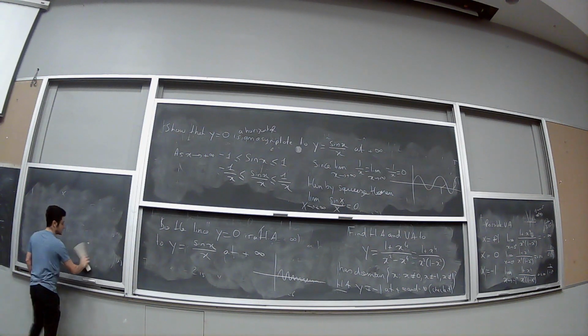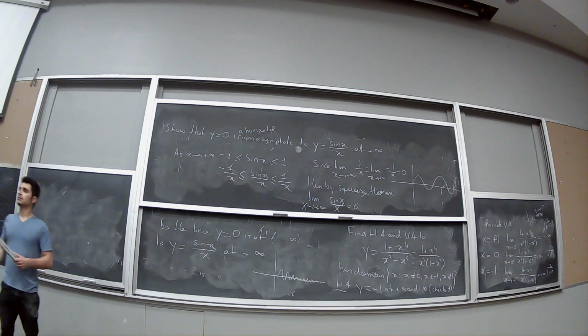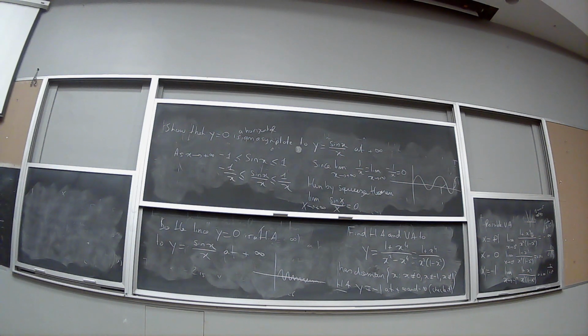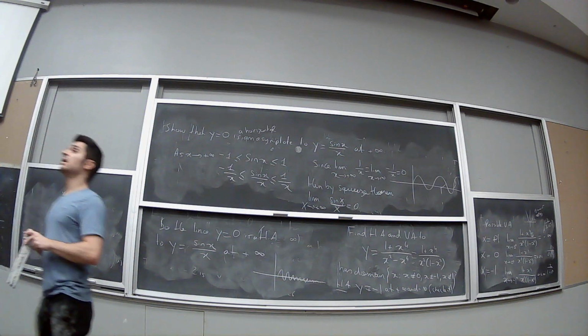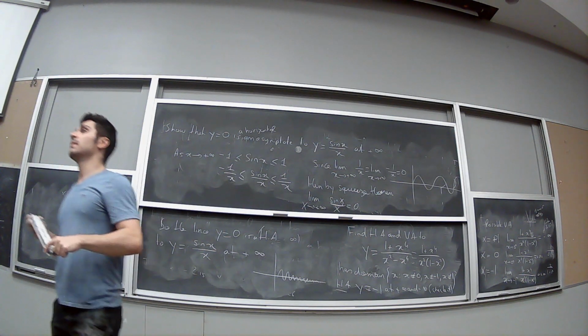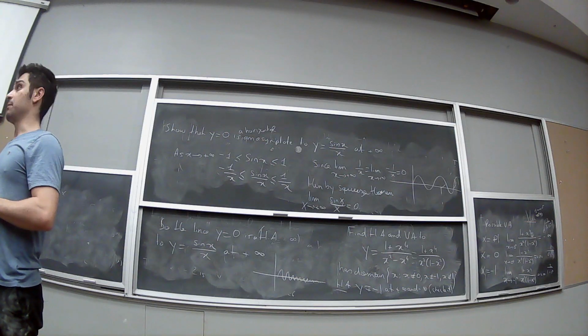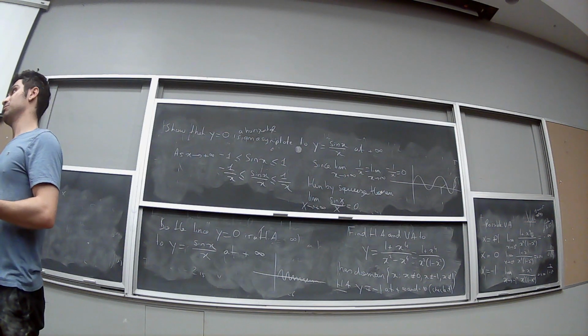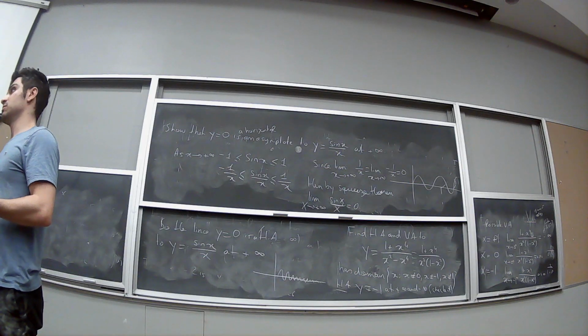One quick question. Yes, sir. Do we have to check both sides or only one side? The horizontal asymptote or the vertical? Horizontal. Yes, of course. But for vertical, we only have to check one side. Exactly. Horizontal is not about sides, it's a different direction. Exactly. It could be x goes to 0 minus.